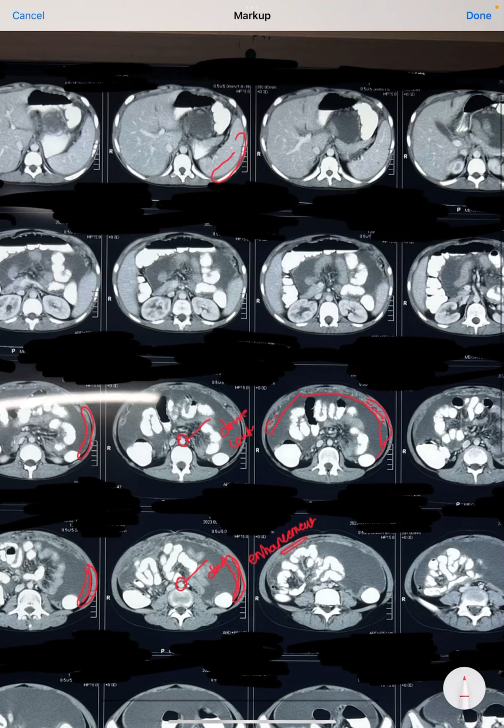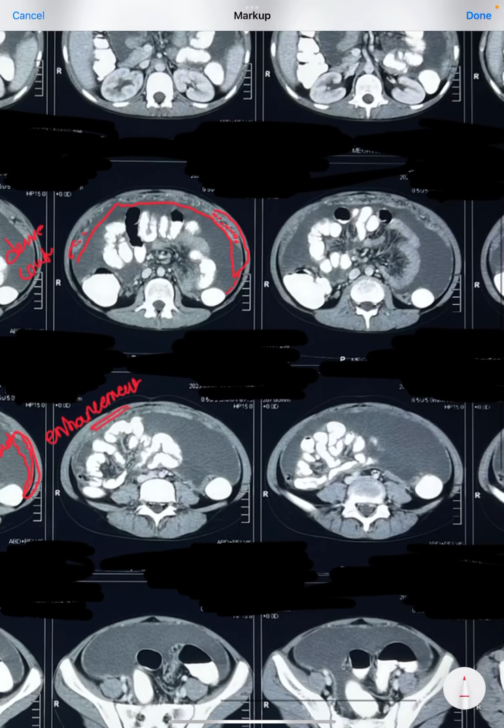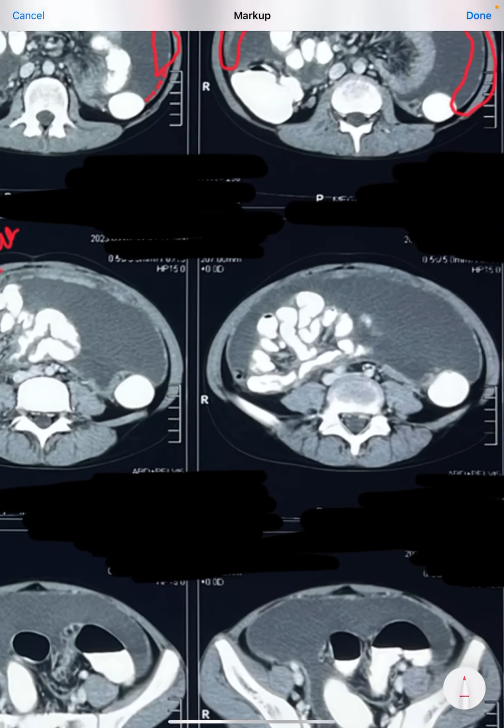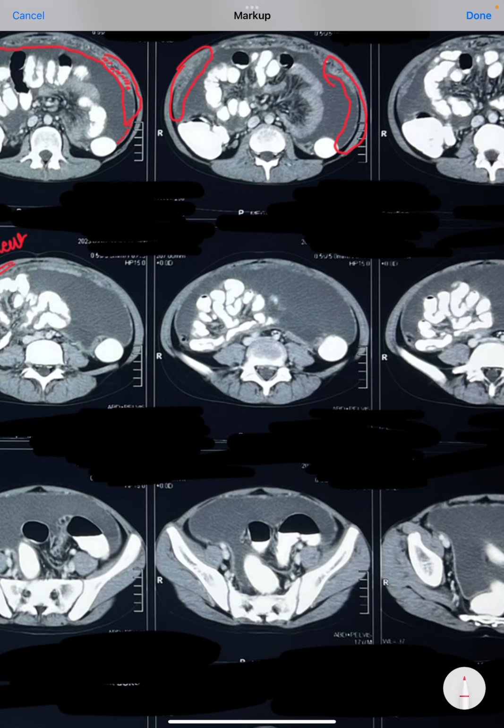So there is enhancement of this peritoneum, especially after giving contrast, which suggests peritoneal inflammation, because contrast enhancement will occur only if there is increased blood flow to that particular organ. Enhancement means what? The peritoneum was having less blood flow, so it would not take much contrast.